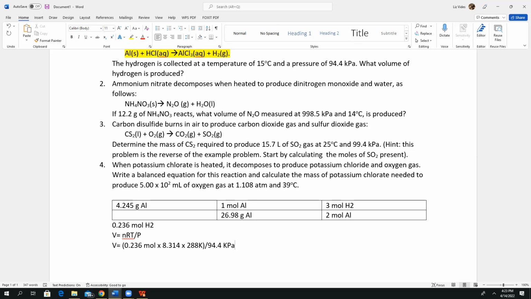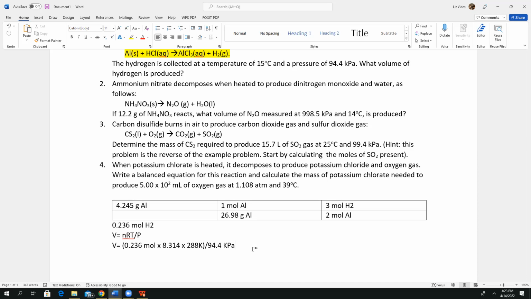Yep, that's what I got. And since the number of moles you got only had 3 sig figs, you should limit that to 3, but that's good enough. All right, good.